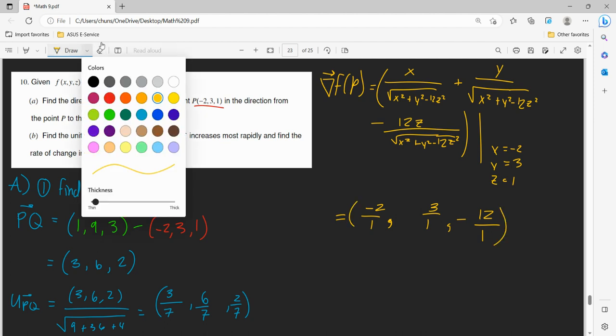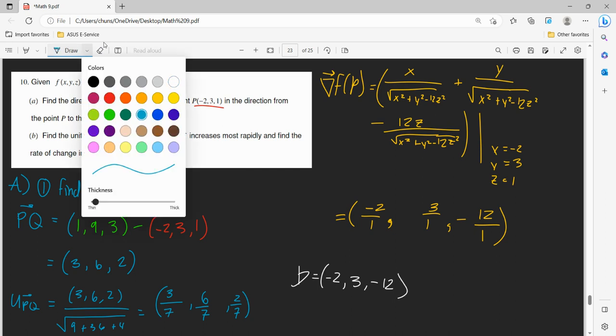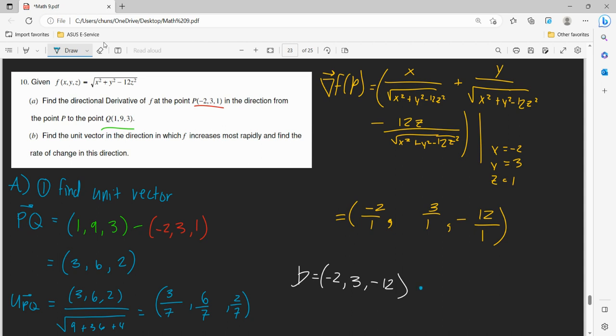Now when we do our directional derivative, this is negative 2, 3, negative 12 from our gradient, dotted with our unit vector, which we found.